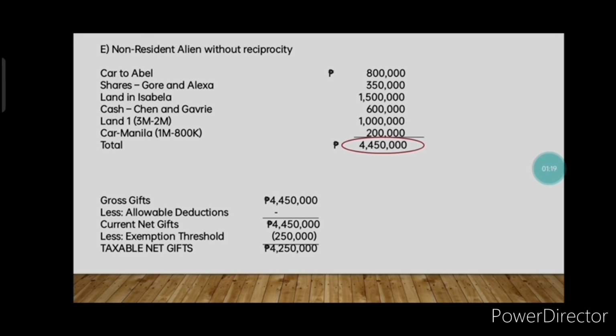They are shares from a foreign or domestic corporation. We have here the land in Isabela of 1.5 million, cash from Chan and Gabi of 600,000, land 1 million, and car in Manila of 200,000, for a total of 4,450,000. So we have here a total amount for the taxable net gifts of 4,250,000.